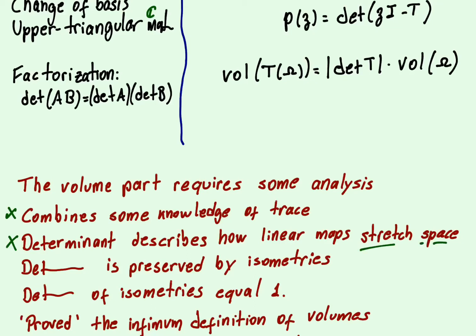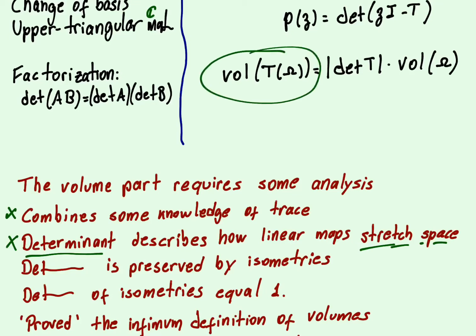I think the determinant is a very good tool, but it doesn't go that far. It doesn't describe completely how space is stretched. In order to know that, you have to look at the linear map's entire definition, all the information in the linear operator. What the determinant does tell you is the net product in terms of volume.